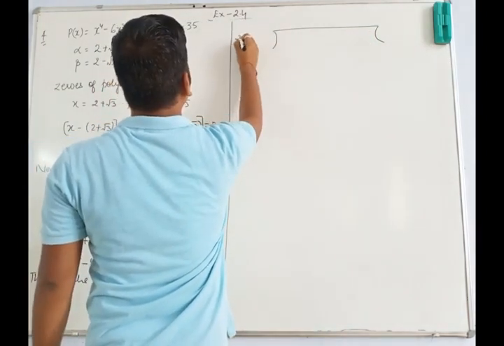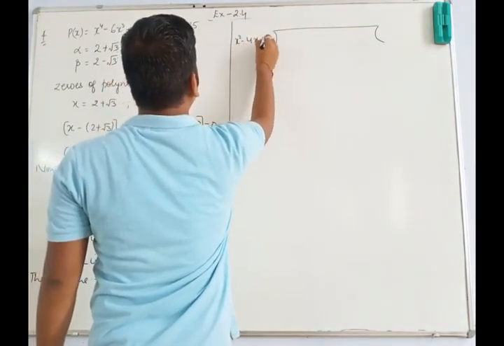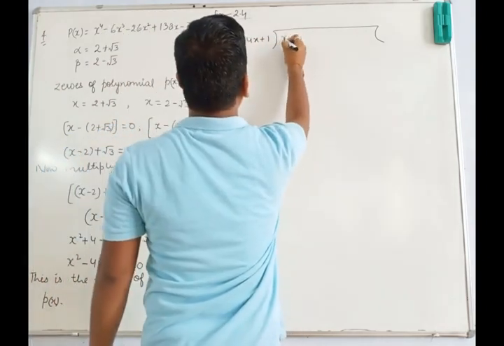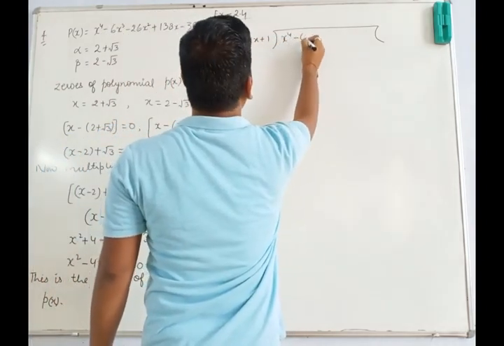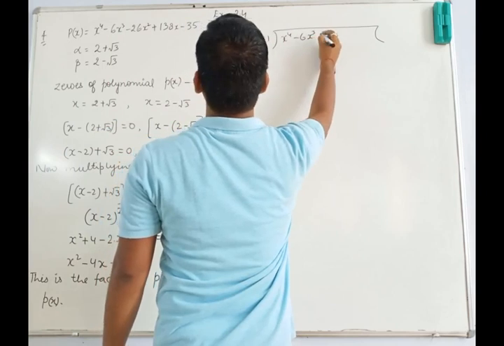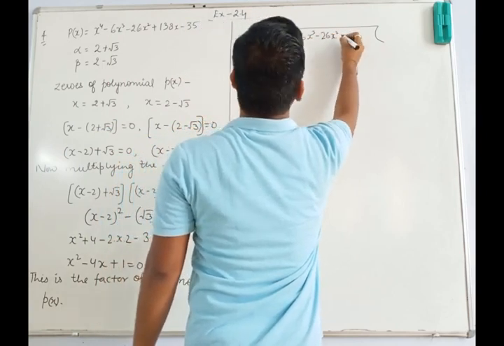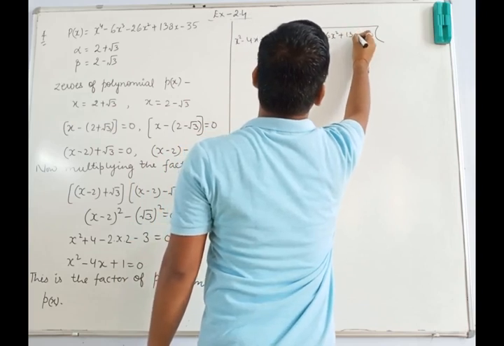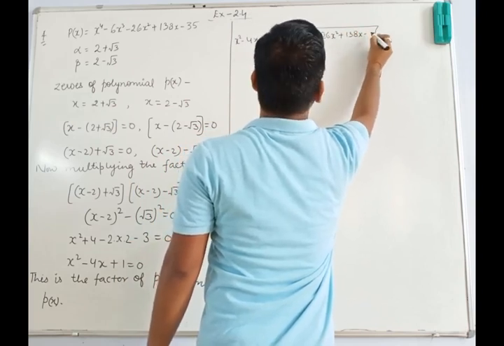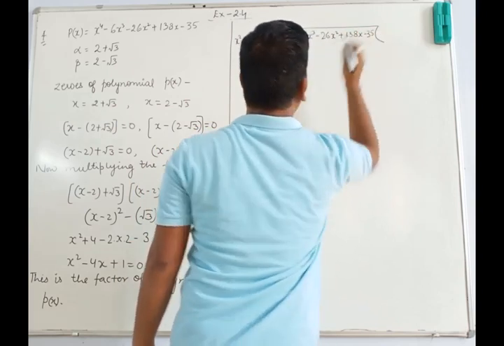x² − 4x + 1, and here x⁴ − 6x³ − 26x² + 138x − 35.